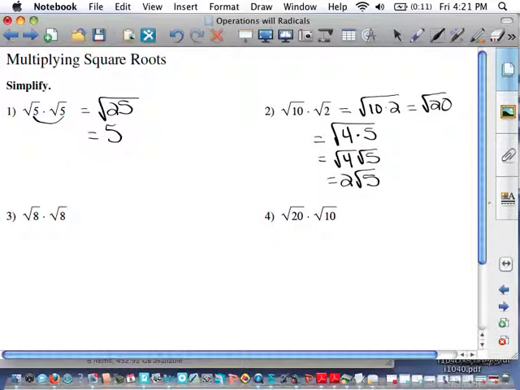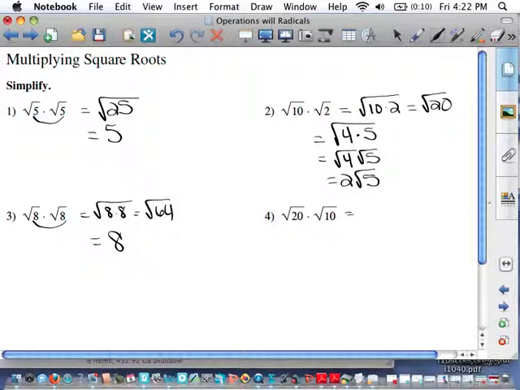Number 3, multiply the radicands together. I have then the square root of 8 times 8, which is the square root of 64. Square root of 64 is just 8. Remember, when you take the square root of a perfect square, the radical symbol is gone. You just have the square root of that radicand and no radical symbol.